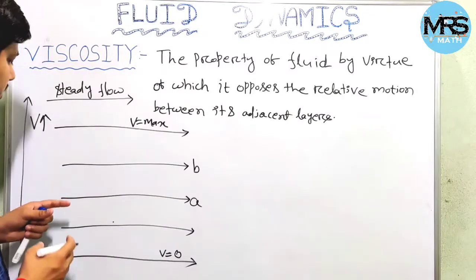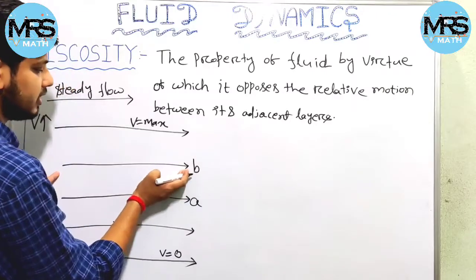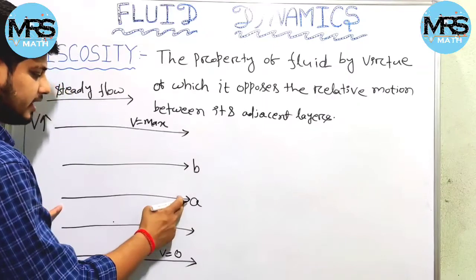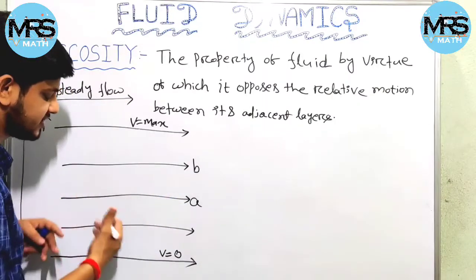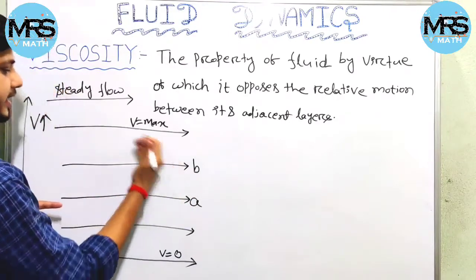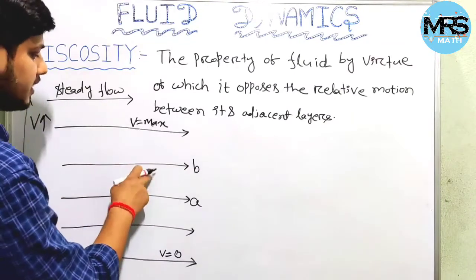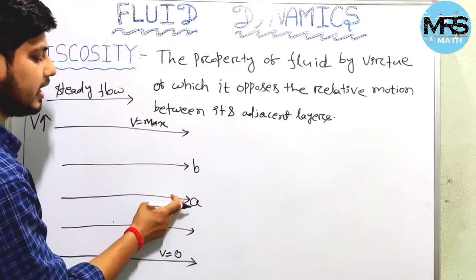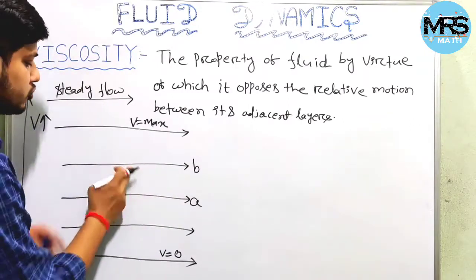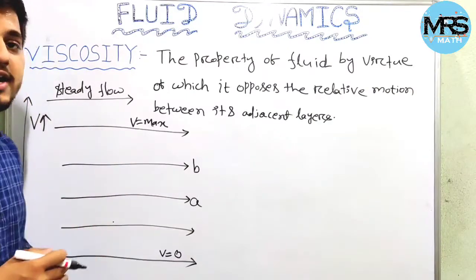If we see layer B, it will accelerate the layer A. That means it will try to move A faster, and layer A will try to retard layer B. So layer B will try to accelerate layer A, and layer A will try to retard layer B. So in between these two layers there will be some relative motion.